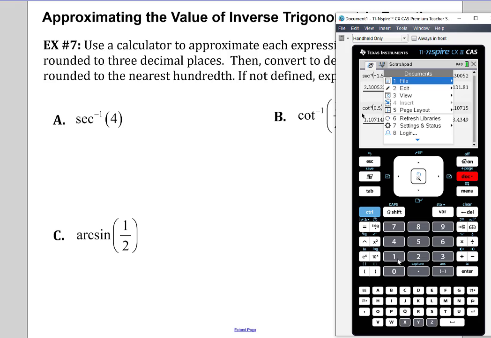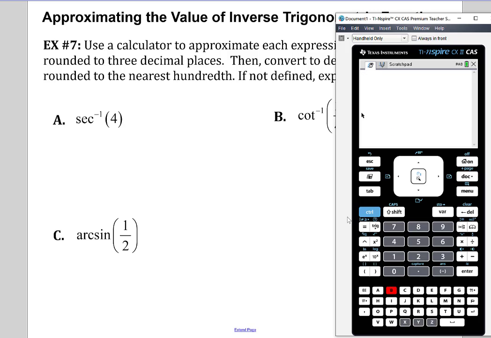So secant inverse of 4. Secant inverse of 4 is 1.318, and then we're converting that to a degree measure for 75.52 degrees.